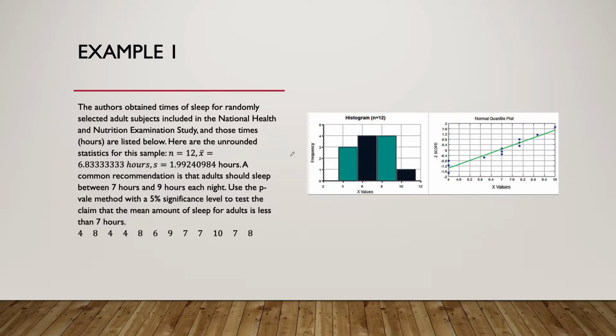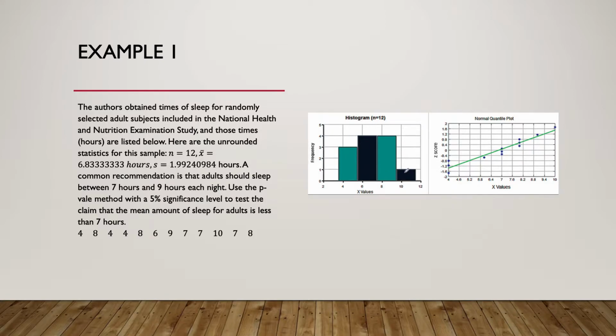The sample size is 12, sample mean x bar is 6.8333333 hours, and the sample standard deviation s is 1.99240984 hours. A common recommendation is that adults should sleep between 7 and 9 hours each night. Use the p-value method with a 5% significance level to test the claim that the mean amount of sleep for adults is less than 7 hours.